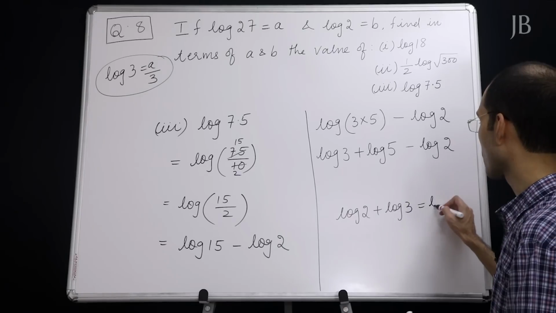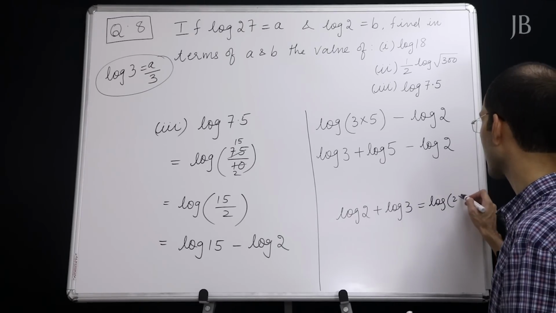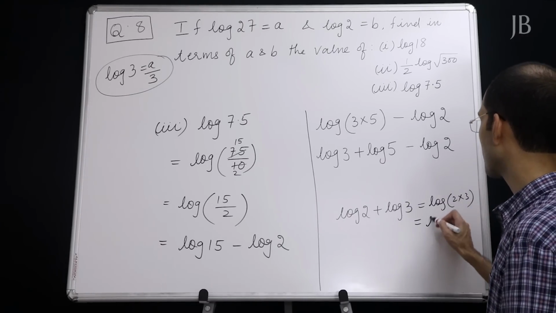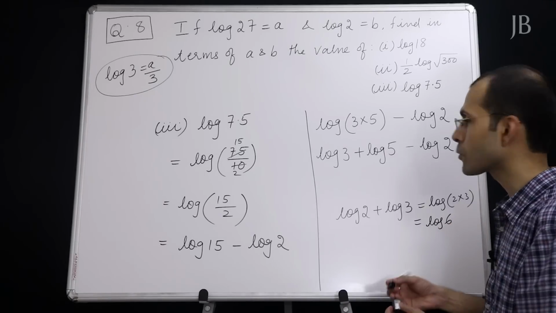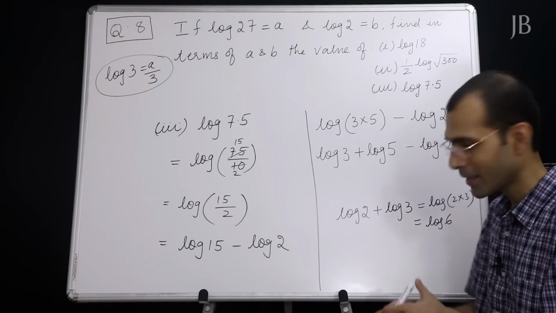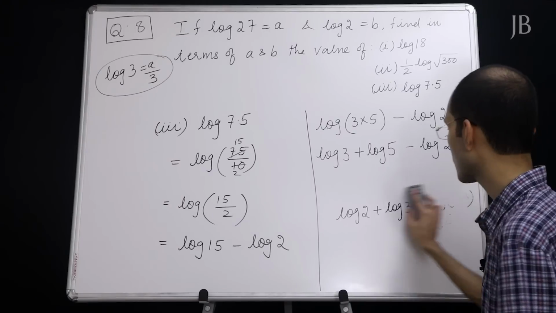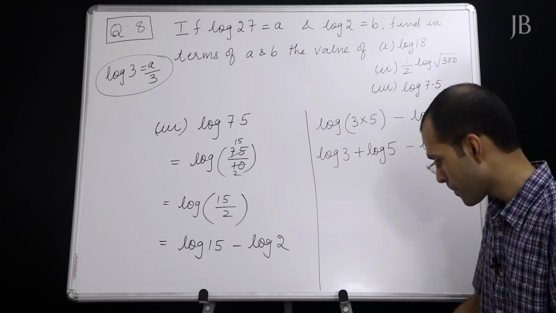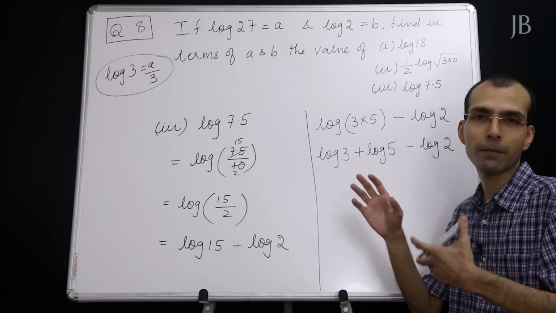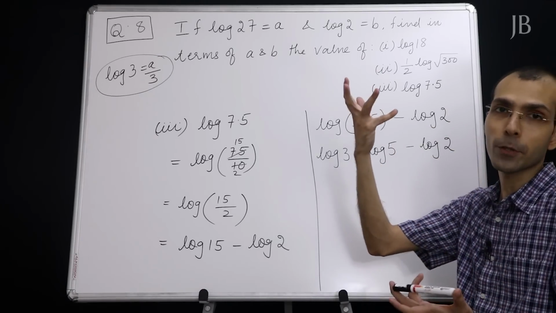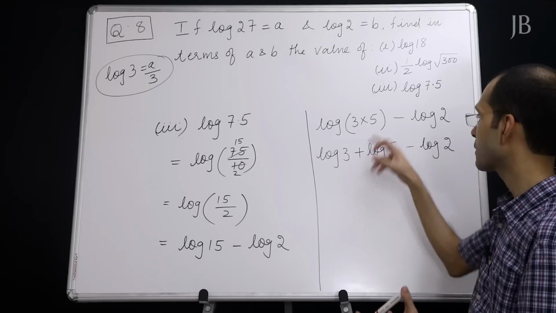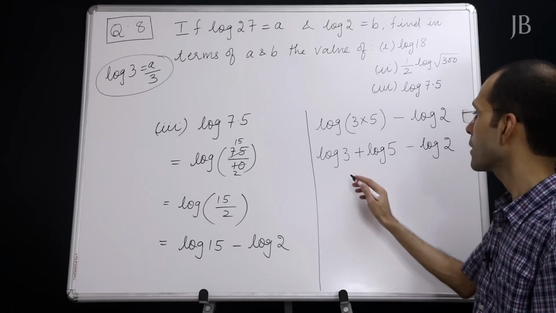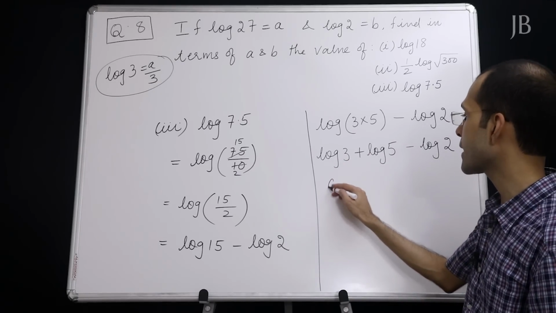So this will be log of 2 into 3. That will be log of 6. So log 2 plus log 3 cannot be log 5. And that option is ruled out. Now what to do? So here there is a special trick. So keep this trick in mind. It can be useful in some other situations also where this problem crops up. So anyway, log 3, we will write it as a by 3.